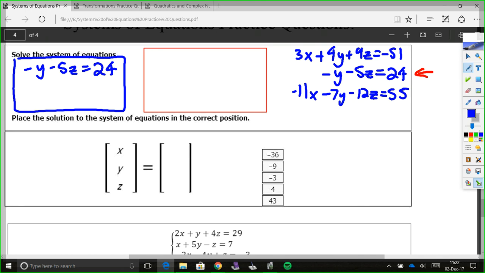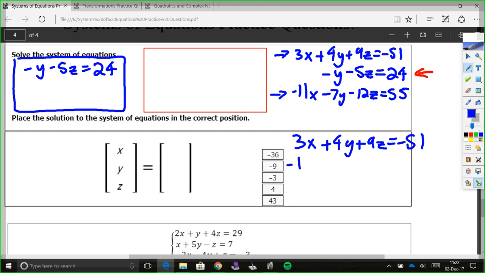So what I'm going to do to get that is I'm going to take these other two equations, line them up and cancel these things out, and use the elimination method. So let's go ahead and write those two down. We have 3x plus 4y plus 9z equal to negative 51.